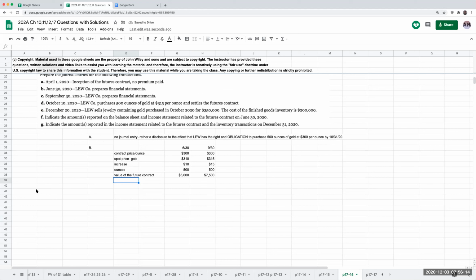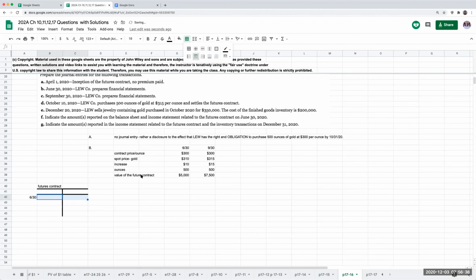So when I look at my futures contract, the value of my futures contract on June 30th was at 5,000.